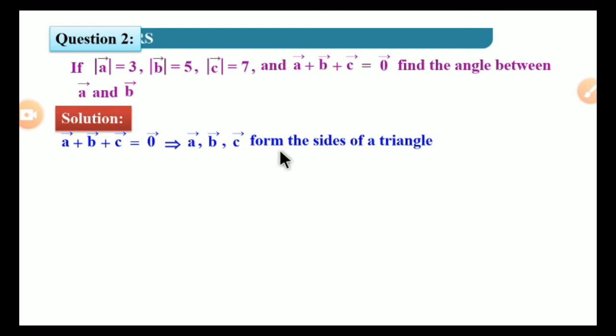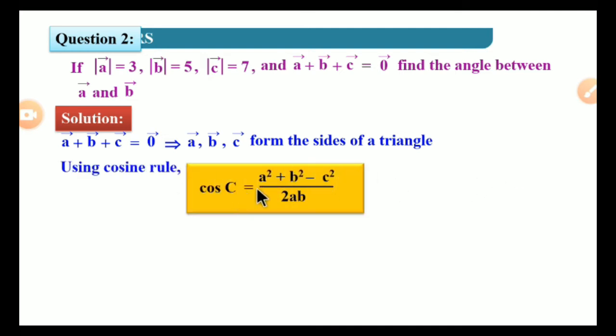Therefore A, B, C form the sides of a triangle because it is a 0 vector, so definitely A, B, C form the sides of a triangle. Using cosine rule, here we have cos C is equal to A square plus B square minus C square divided by 2AB.